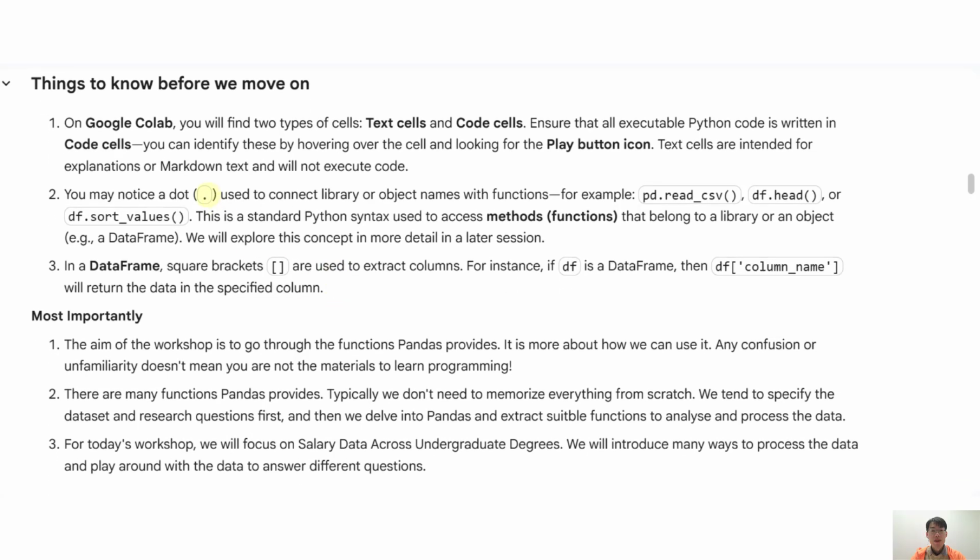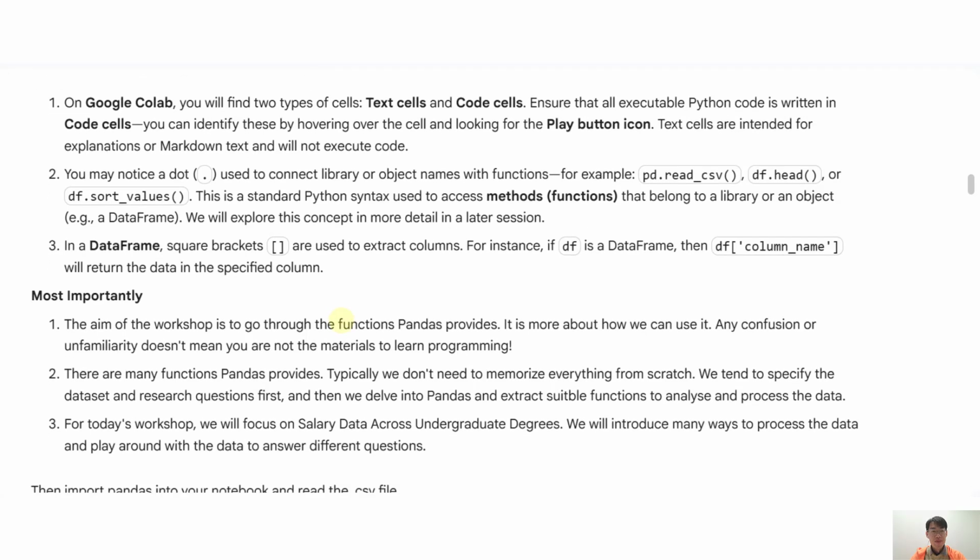And when you see a dot, it mostly indicates that I'm going to access a function in the library or the tool. When you see square brackets, they are used to extract columns or certain data. Go over these items and you will get ahead of it very quickly.